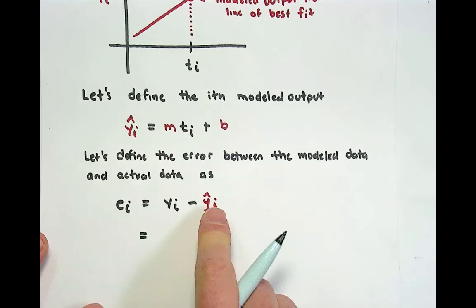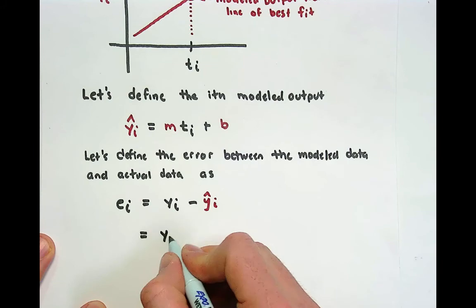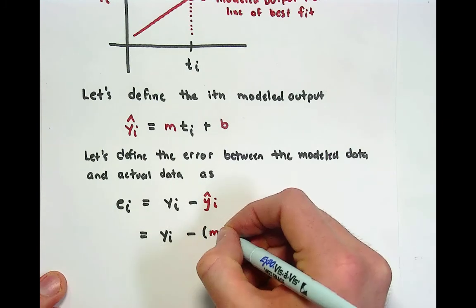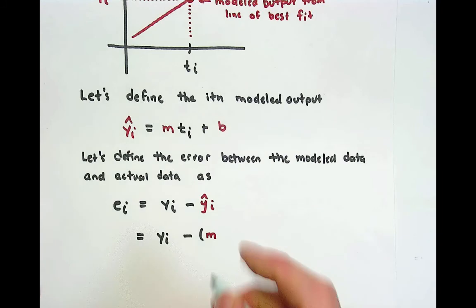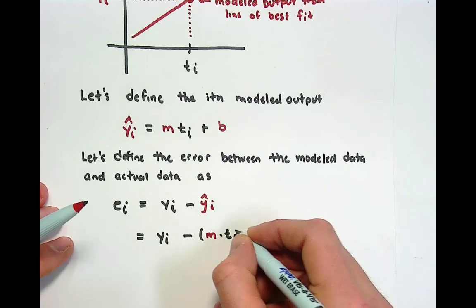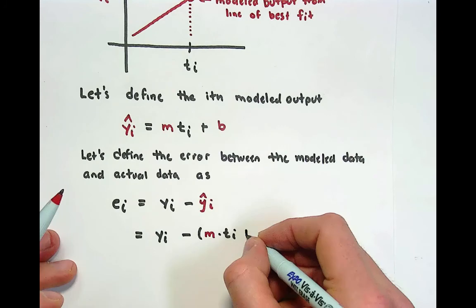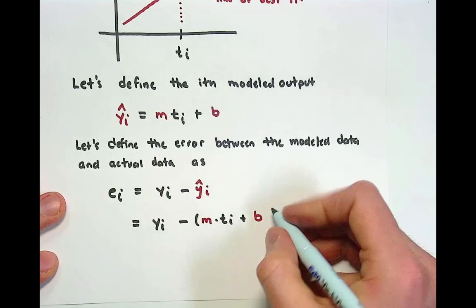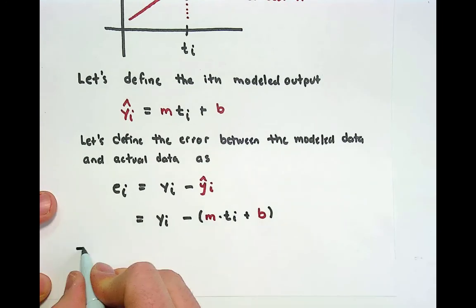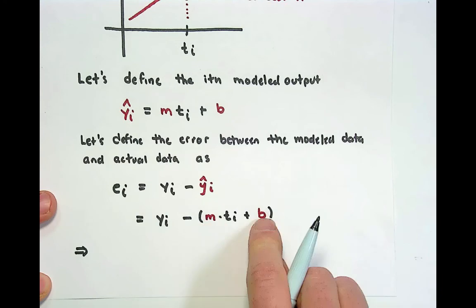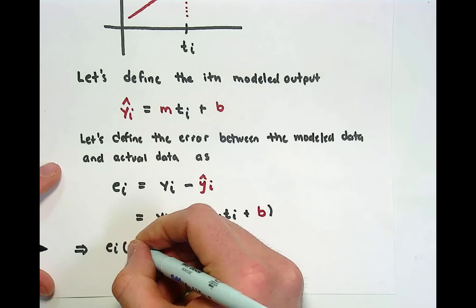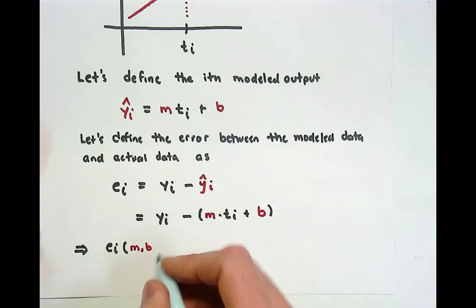Well, of course, we know exactly how to calculate that based on the fact that the output there we're claiming should be a function of whatever slope I choose to model and whatever y-intercept, which means each error, depending on the slope and the intercept, the individual error in the ith component is actually a multivariable function.